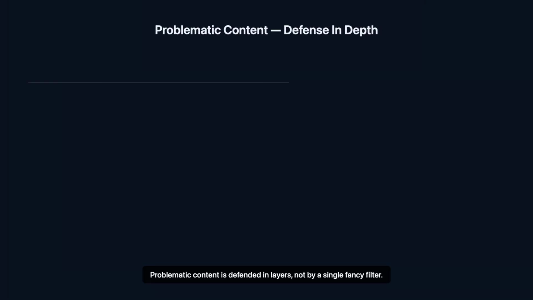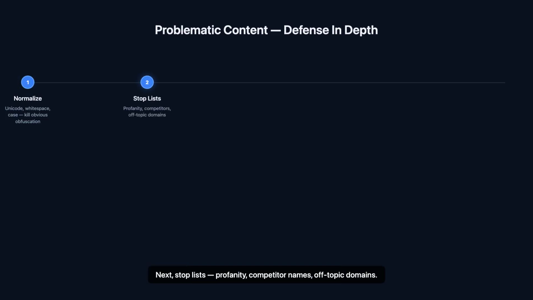Problematic content is defended in layers, not by a single fancy filter. First, normalize, strip Unicode tricks, collapse whitespace, lowercase obvious cases. That kills the loudest obfuscation cheaply. Next, stop lists, profanity, competitor names, off-topic domains. These are pattern matches that don't need an LLM to run.